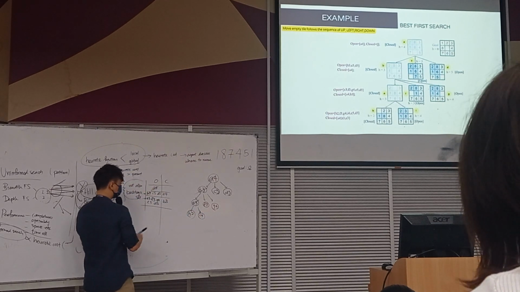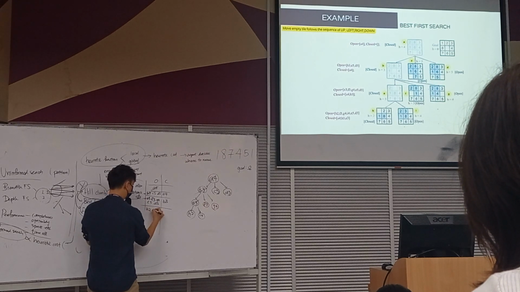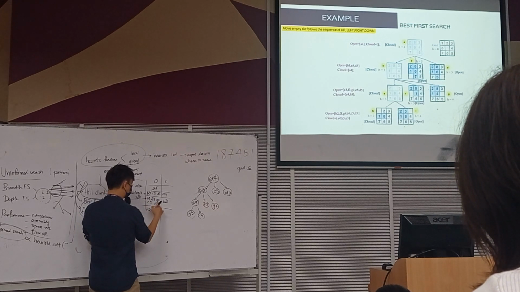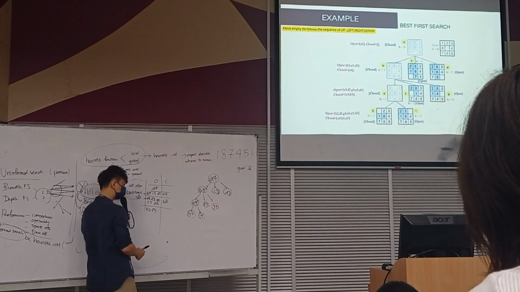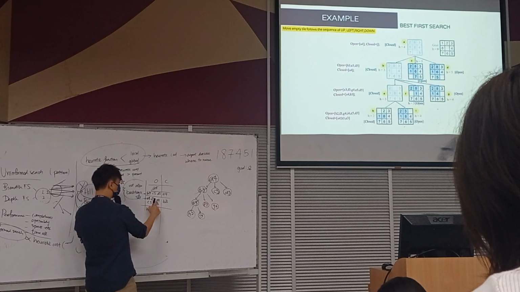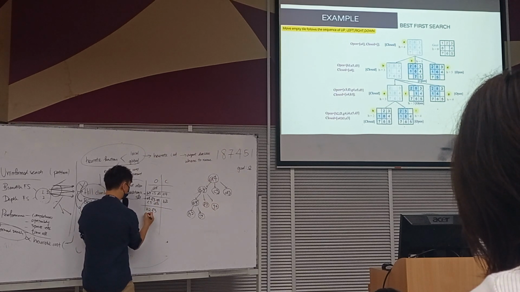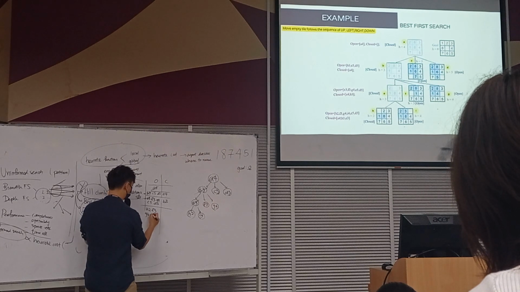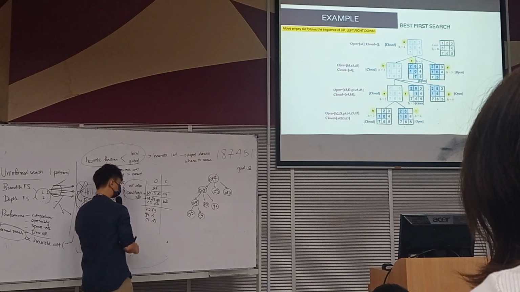So add H2 first, followed by F3. You have two values here, G4 and I4. If you have the same heuristic cost, you add according to alphabetical order. So G comes first: G4, I4, C5, and D5.